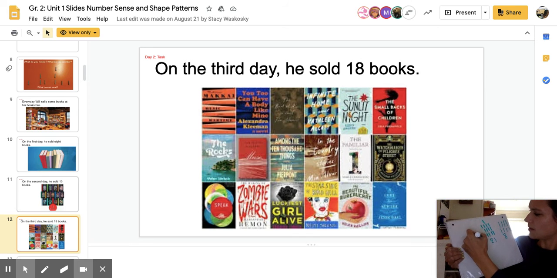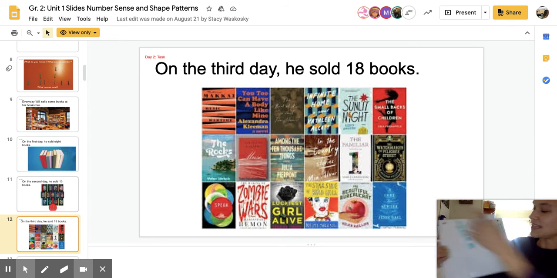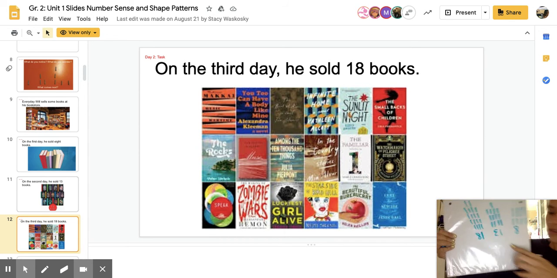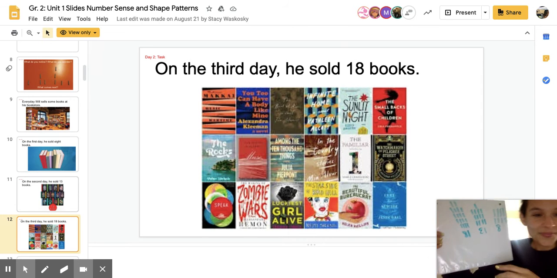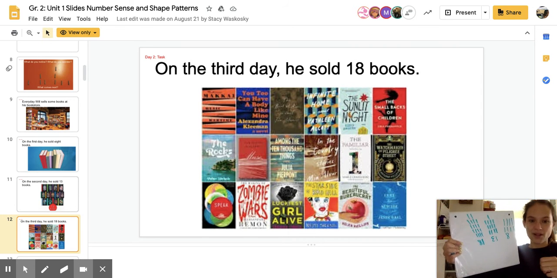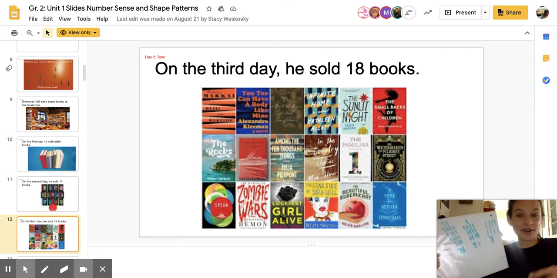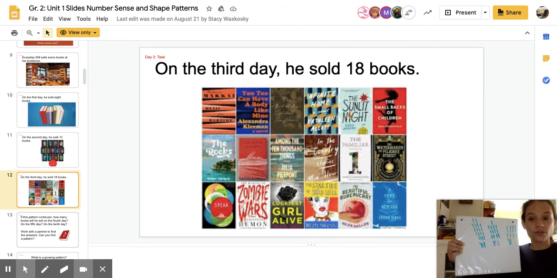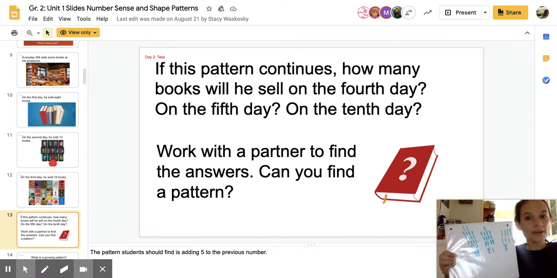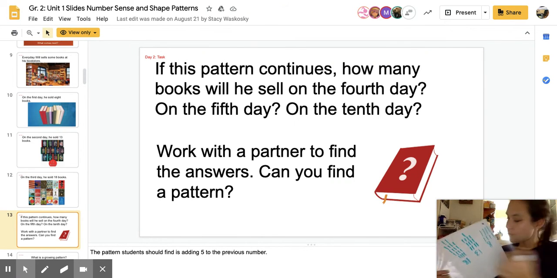Go, William. 7, 8, 9, 10, 11, 12, 13, 14, 15, 16, 17, 18. 18 books. So when we go from 8 to 13 to 18, are the numbers getting bigger or smaller? They're getting bigger, right?